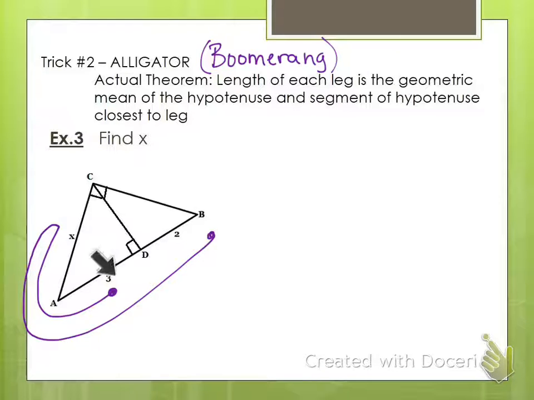Okay, so we started at the length of part of the hypotenuse, which was 3, over, then we went up along the leg we're looking for, in this case, x. We had to travel back down that leg, x.